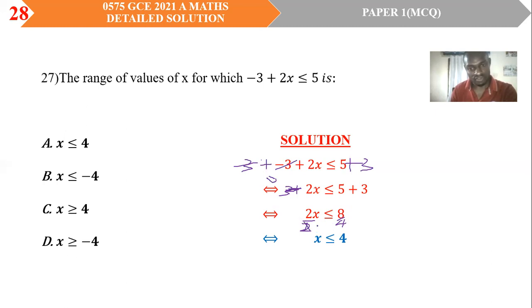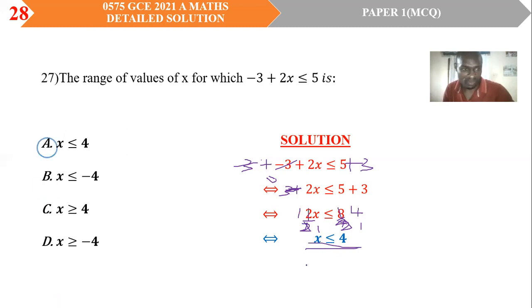So we divide by 2. 2 into 2, 1, and 2 into 8, 4. So x is now less than or equal to 4. Thus, the range of values of x is given by x less than or equal to 4.